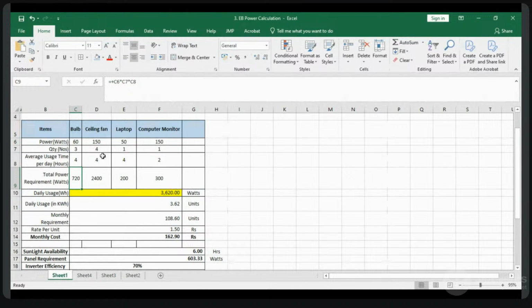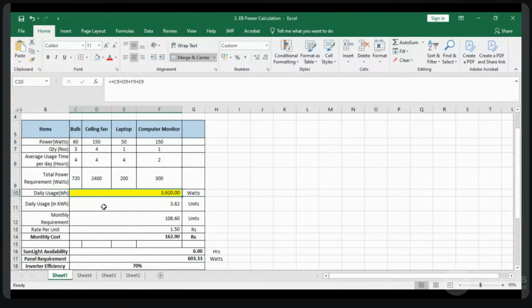Four ceiling fans running 4 hours per day give 24,000 watt. The laptop will be 200, and the monitor will be 300. So the total daily usage is 3,620 watt.